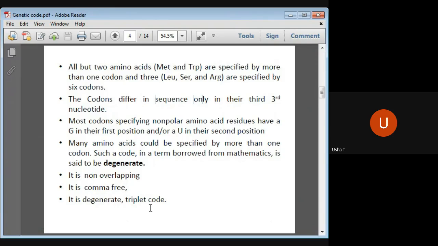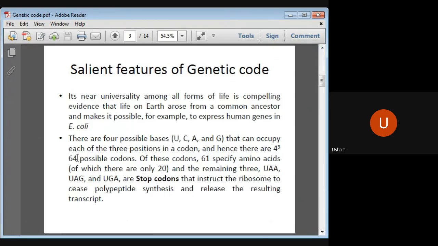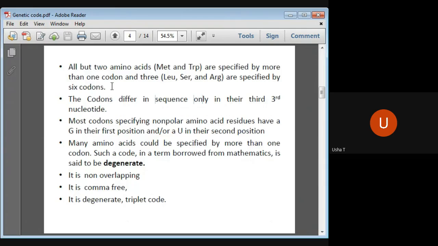This can be asked as a 2-mark question or a 4-mark question. What are the different salient features of the genetic code? So we are supposed to write that there are 64 possible codons, 61 specify amino acids and 3 are stop or nonsense codons, and all but two amino acids, methionine and tryptophan, are specified by more than one codon, and three, that is leucine, serine, and arginine, are specified by six codons.